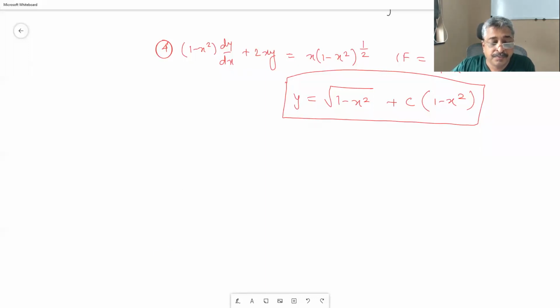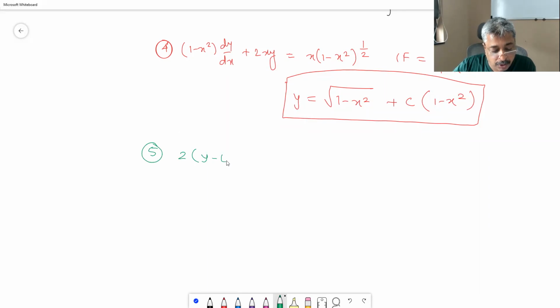Question 5. Change in color green. 2 times y minus 4x square dx plus x dy is equal to 0.